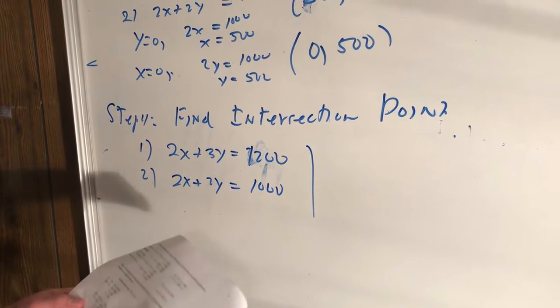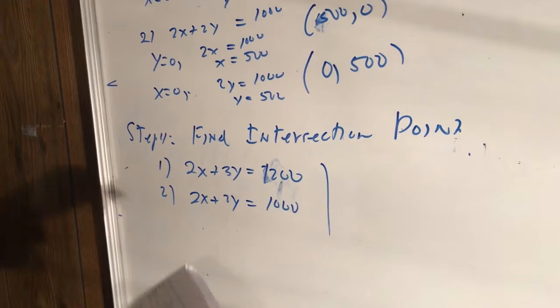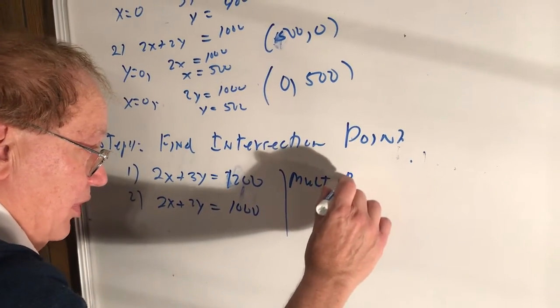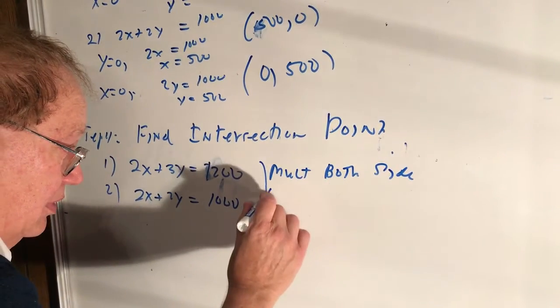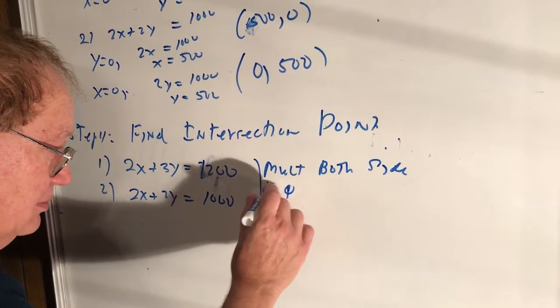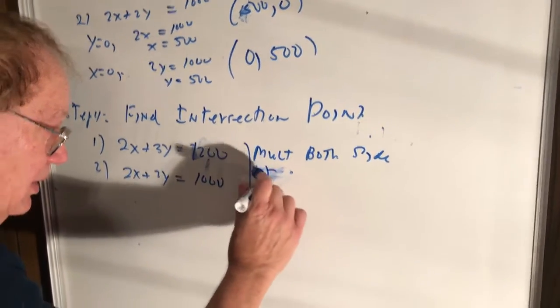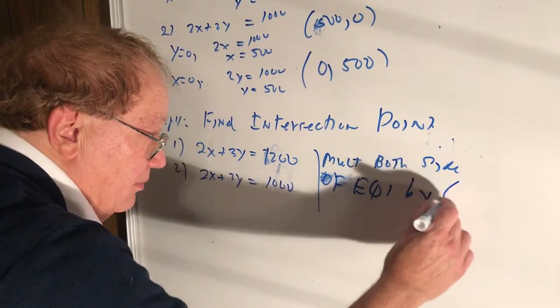What I'm going to do here, it's a really simple solution, is multiply both sides of equation 1 by minus 1.